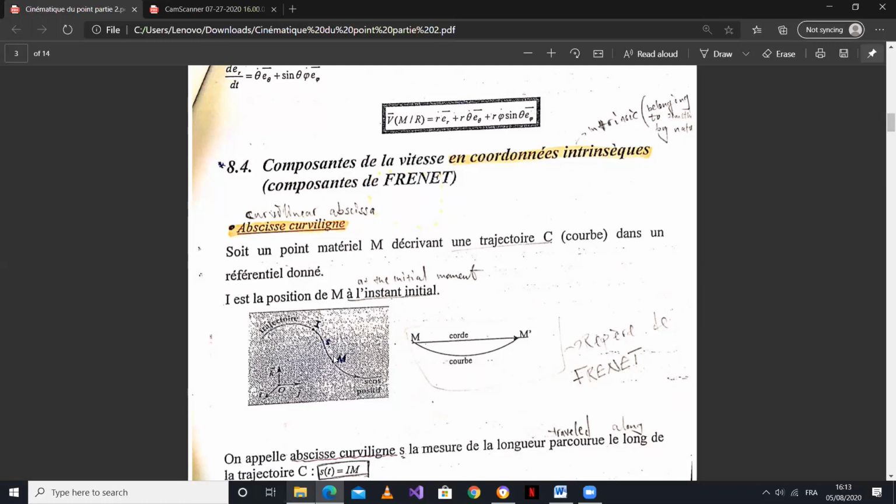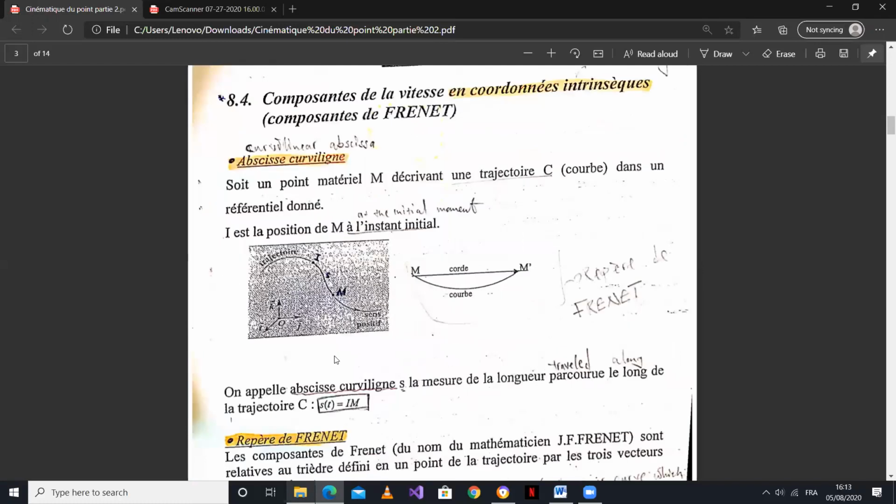And they're telling us, on appelle abscisse curviligne. This is a term you are supposed to know, abscisse curviligne, which is denoted by the letter S, la mesure de la longueur parcourue le long de la trajectoire C. So that's the length of the curve that point M has moved.